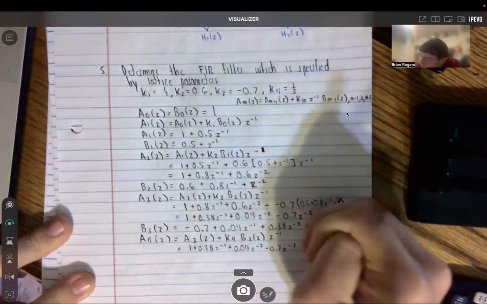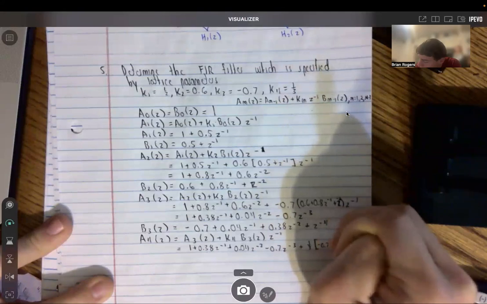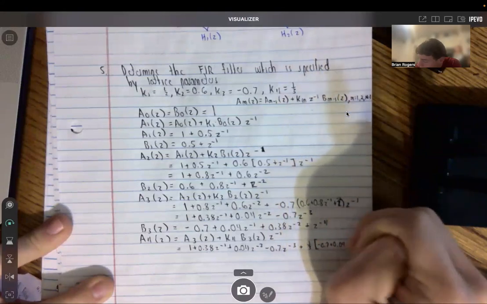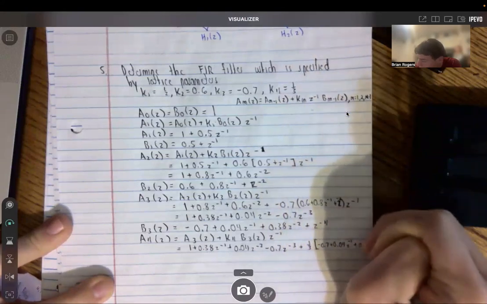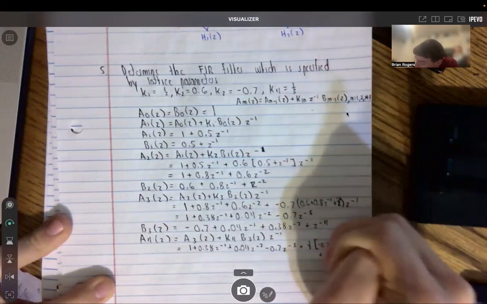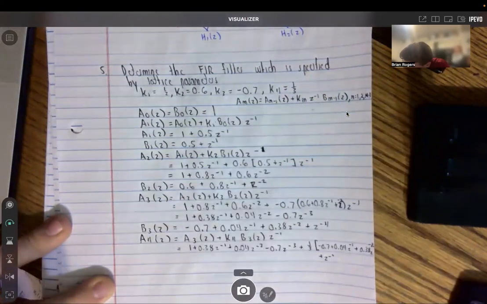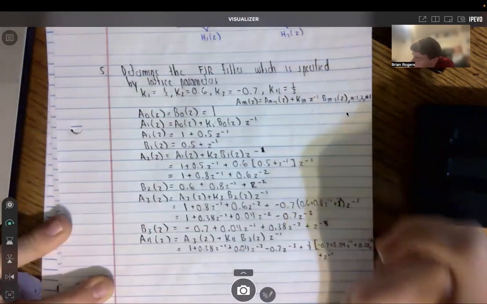Then plus K4 is 1/3, and then multiplied by B3 of z, which is -0.7 plus 0.04 z to -1 plus 0.38 z to -2, and then plus z to the negative, this is a 3, my bad, z to -3.